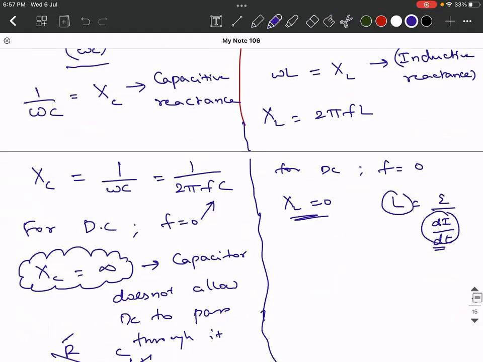Now when you try to plot a graph between XL and frequency, what will it look like? It will be a straight line like this.